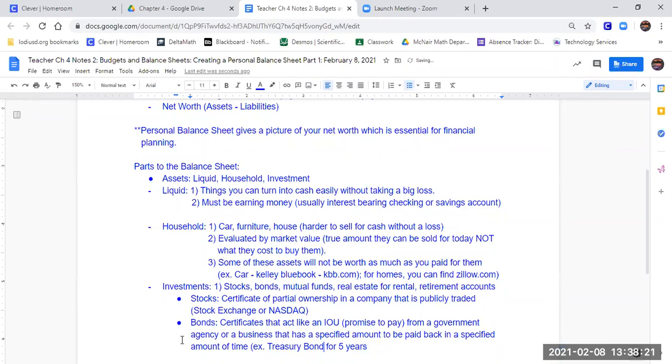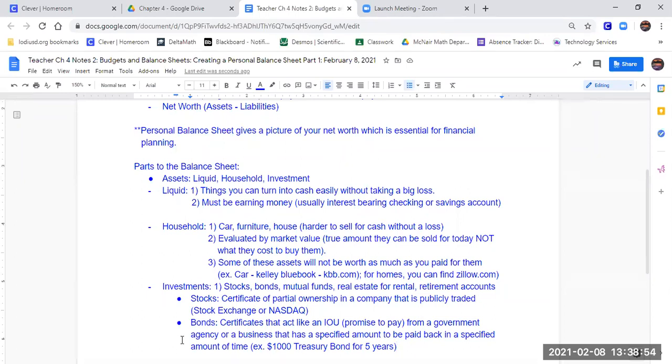A $1,000 treasury bond for 5 years. So they will tell you how much money they're going to pay you back and the time frame when that's going to come back. Basically, you are loaning them money on a long-term basis, and in exchange they're going to pay you back more than what you loaned them.